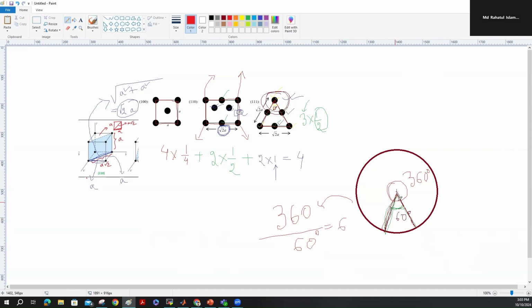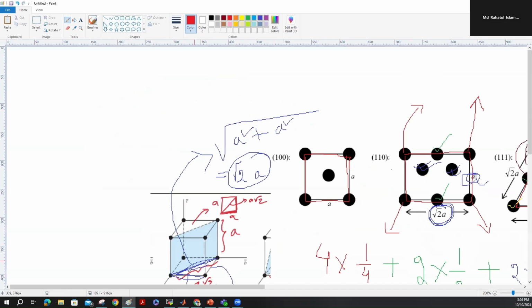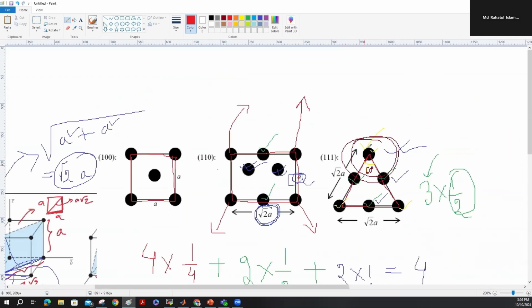This implies that this portion of the circle takes 1/6 of the full atom. Okay, so that's what we got: 1/6 of the atom is inside the plane for this plane.